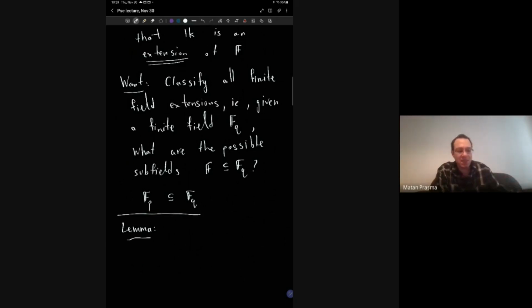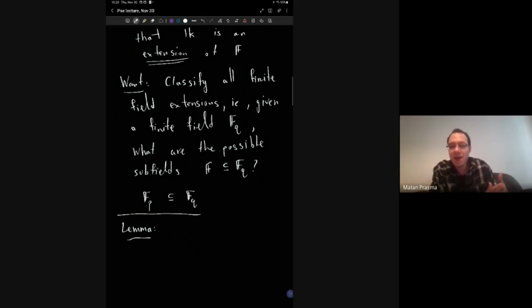This is a recurring theme. We talked about classification of finite abelian groups. A finite abelian group is originally defined abstractly, as something with a binary operation satisfying some axioms.